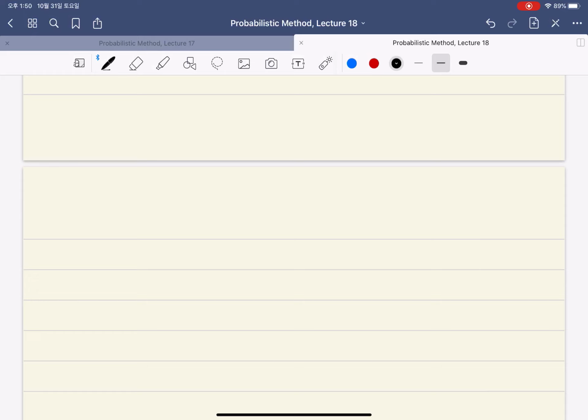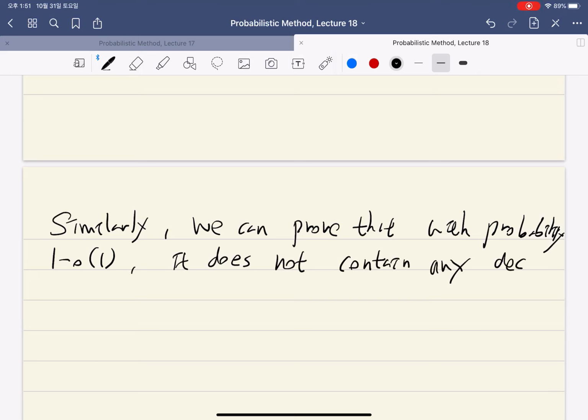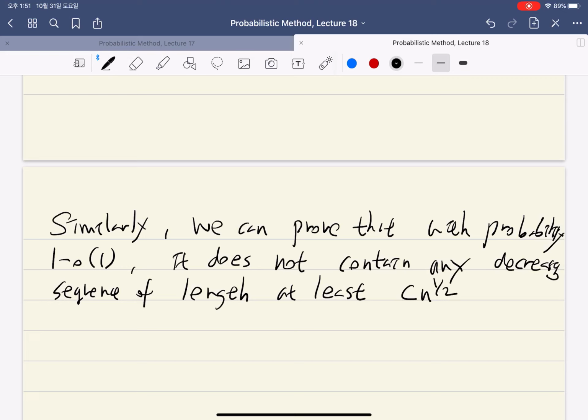Similarly, we can prove that with probability 1 minus o(1), it does not contain any decreasing sequence of length at least c times n to the half.